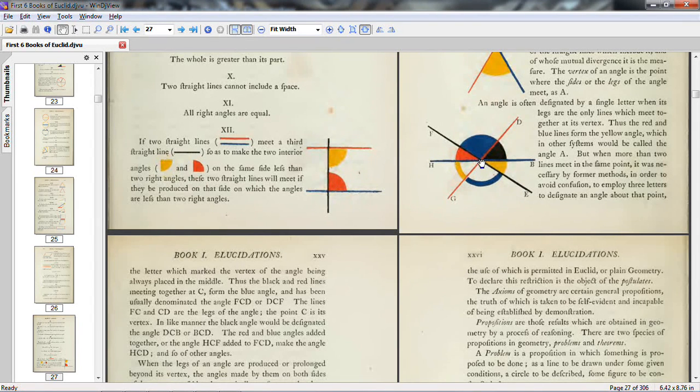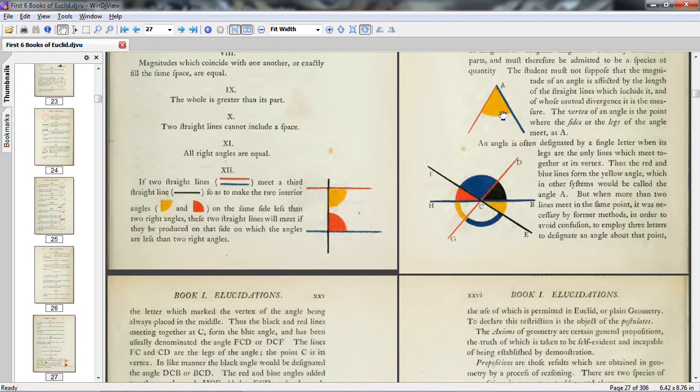The middle letter is the vertex, like that. So DCE or ECD indicate this angle. C is unambiguous. I don't need to give G or E or anything.